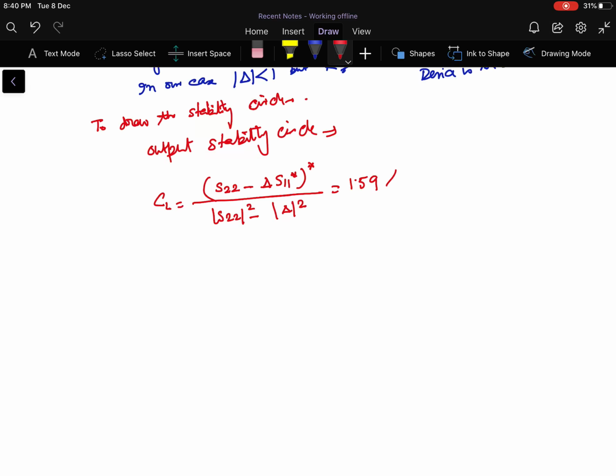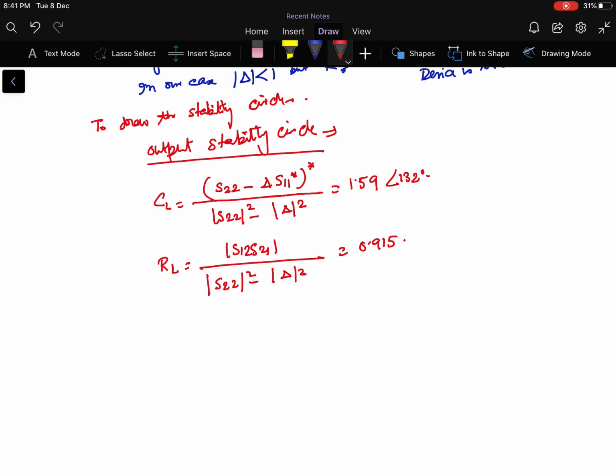I calculated this value as 1.59 angle 132 degrees. Similarly RL, as in my last lecture, is mod of S12 S21 divided by mod S22 square minus mod delta square, which is 0.915. So this is my output stability circle.